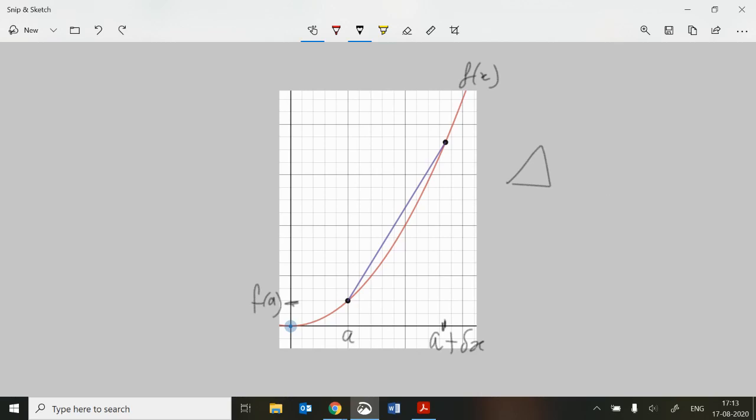But if you use the lowercase delta, that's seen to be a small change in. And so that's what we're interested in here. We're interested in a small change. So that's what we're going to use here, small change in x. Now, in the book, they're using plus h, and we're going to show that's exactly the same as well.